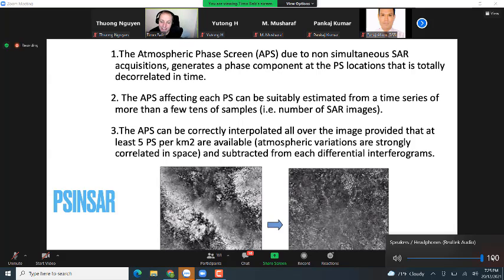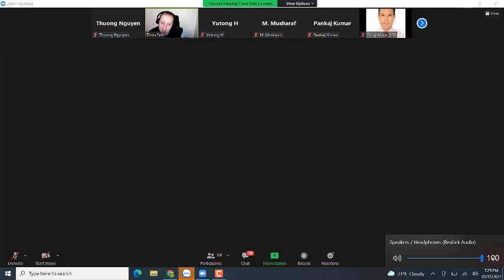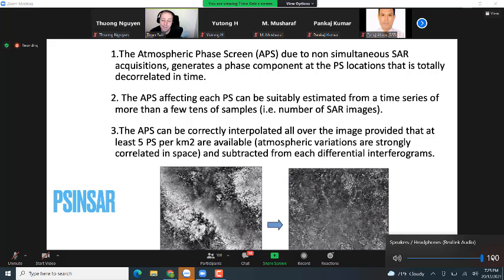It's unrelated in time. If we have images that have a much shorter time difference, a much shorter baseline, for example airborne systems or ground-based systems that take a SAR image every couple of minutes or every hour, we would say differently.